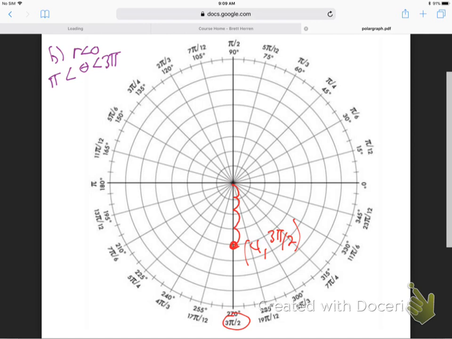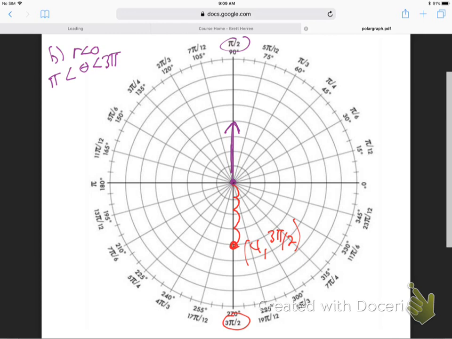Okay, so r less than 0 means a backfire. We want a backfire that's going to land at that spot. So where do we face the cannon if we want it to fire backwards and end up at that spot? Where am I going to aim the cannon? Yeah, straight up. Starting from the origin, aim straight up, and then a backfire will actually head down this way, won't it?